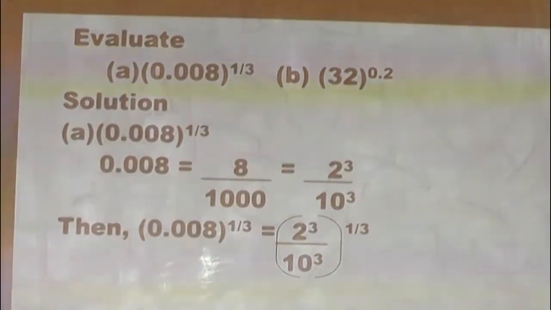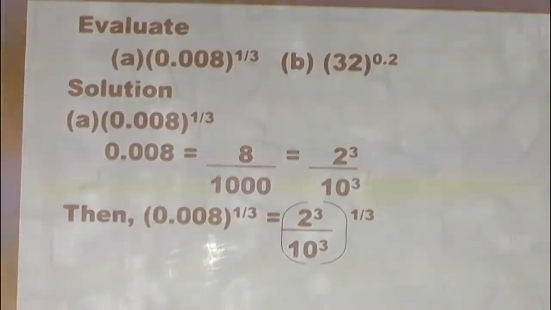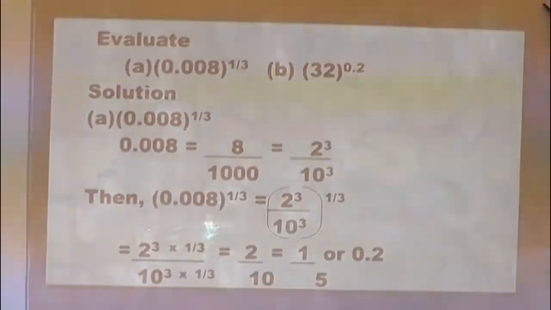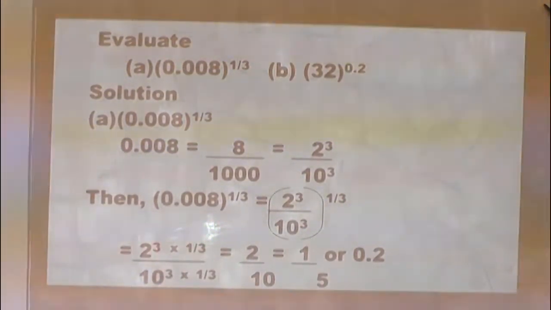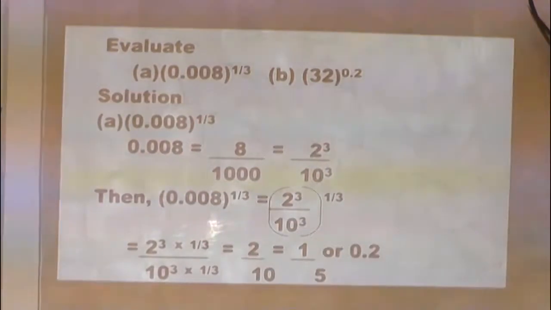And if you use this 1/3 to open this bracket, we are going to have 2 raised to the power of 3 times 1 all over 3. Remember, these 3 times 1 over 3, they are the power of these 2. All over, if you use that same 1 over 3 to open this bracket here, you are going to have 10 raised to the power of 3 times 1 over 3.